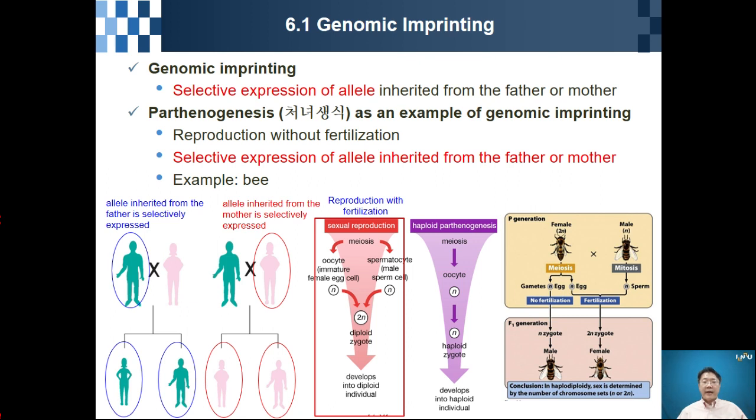However, in haploid parthenogenesis, after meiosis, the oocyte is developed and makes the haploid zygote without fertilization. This haploid zygote develops into a haploid individual.